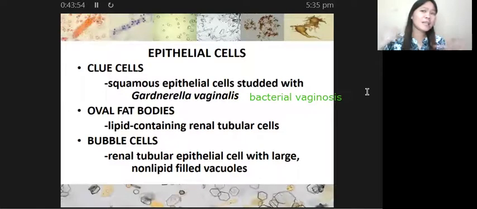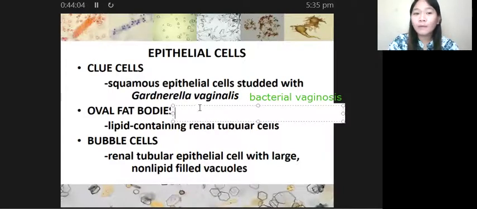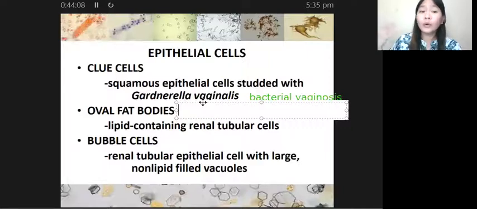Okay, so since pinag-uusapan na naman natin ang lipids, actually class, medyo paulit-ulit lang ito. Tama? Ano yung pwede nating gamitin in order for us to determine whether yung renal tubular cell natin ay merong lipids? Okay, very good sa mga nakaisip. So we have your polarizing microscope.